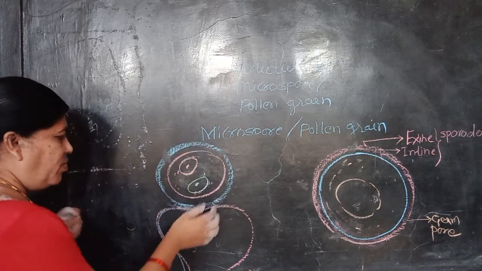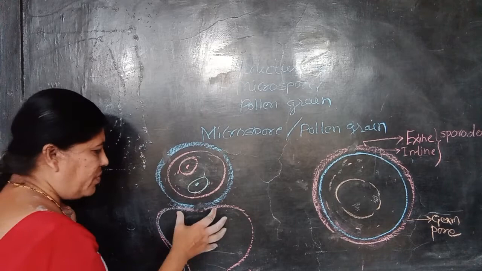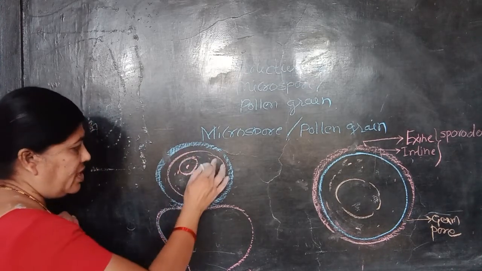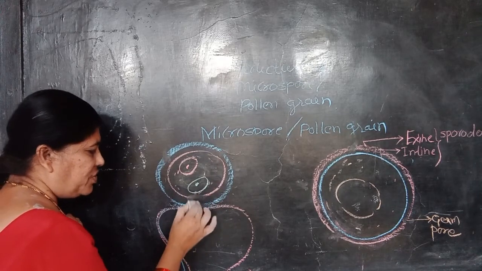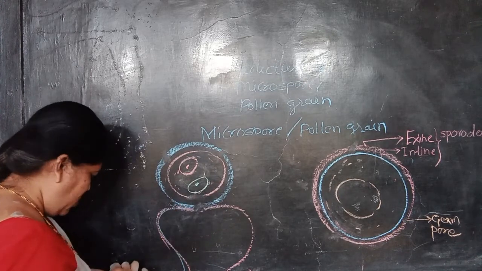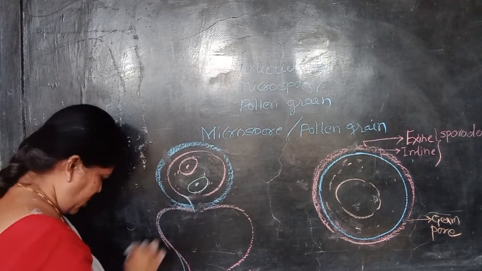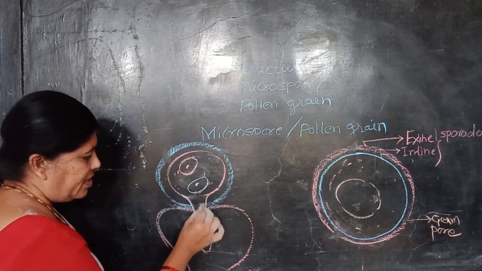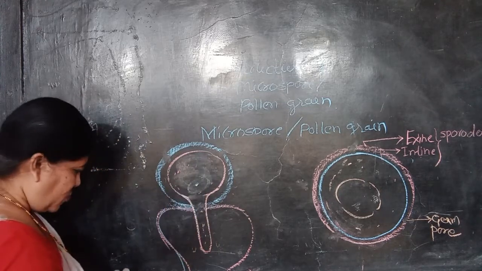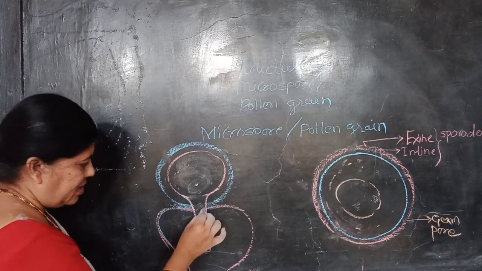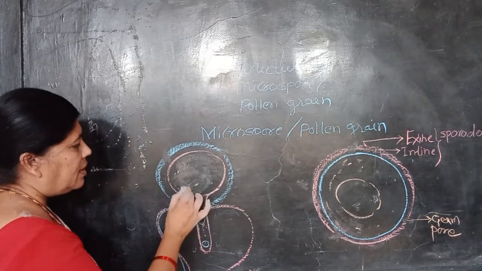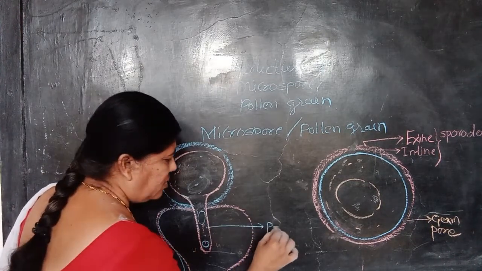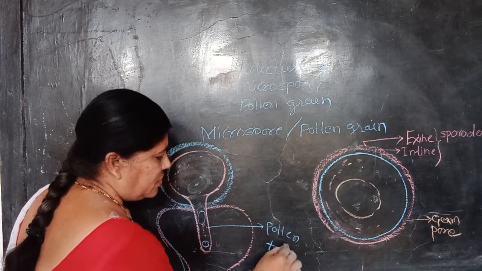So when this pollen grain is deposited on stigma, it absorbs nutrients and water from the stigma, and it swells and exerts pressure on intine, and due to that pressure, intine comes out through germ pore. Then the tube nucleus and generative cell also enter inside the pollen tube, and this structure is called pollen tube.